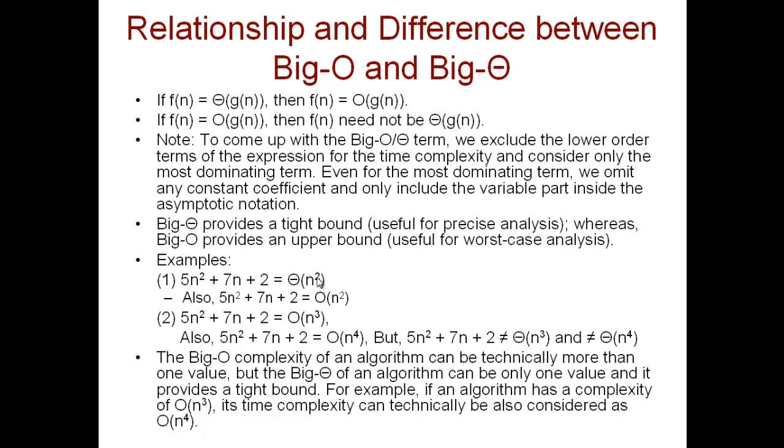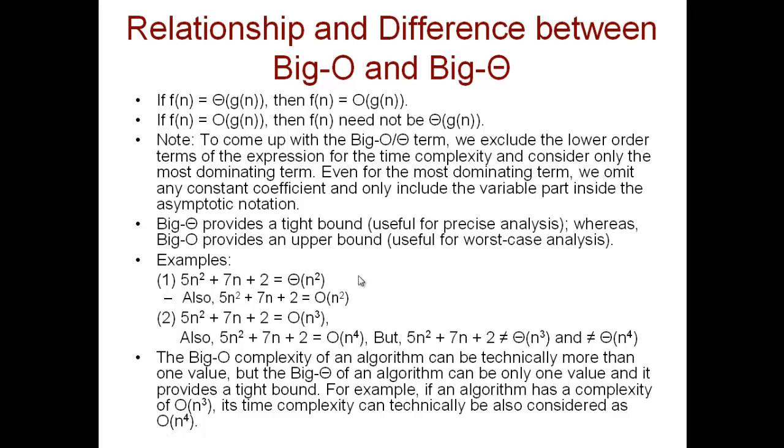So same degree, we can use theta notation. But by definition of big O, we can also say 5n square plus 7n plus 2 is big O of n square, because it still satisfies the definition. The degree of the function f of n on the left hand side should be less than or equal to what goes inside the big O notation.